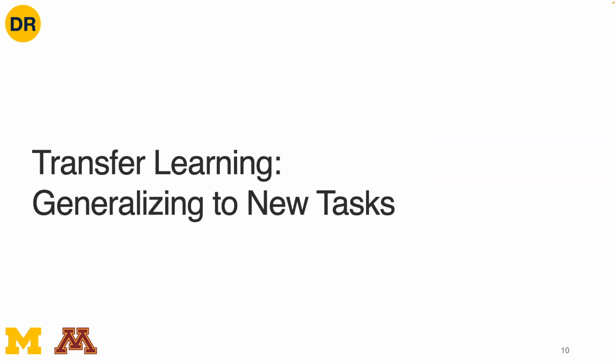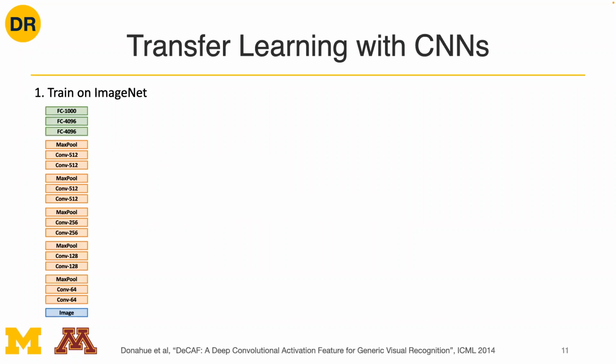Okay, so transfer learning, which is a very common term that you will hear, especially in deep learning, irrespective of the domain. This is basically referring to what we call generalizing to a new set of tasks. So in the context of CNNs, what we call transfer learning is, let's say we train the entire network on the ImageNet dataset.